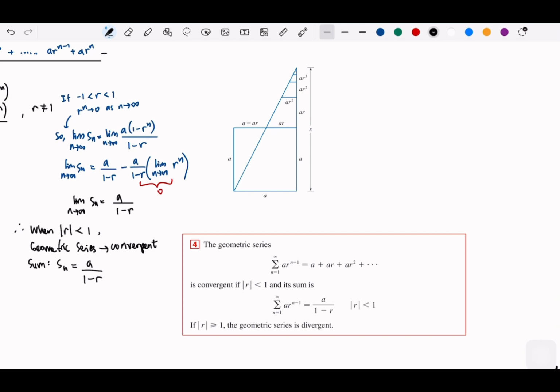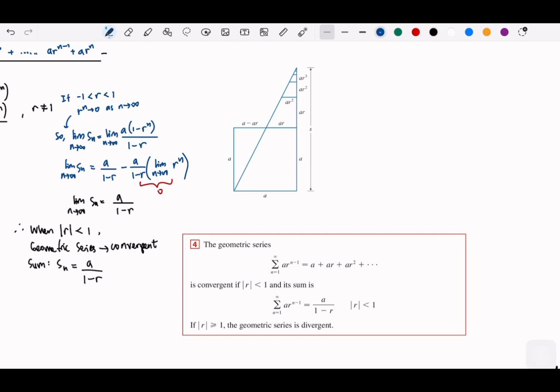Then we multiply with r again and get a r squared, and we have this whole triangle, with the base a r squared, and so on. Now the S is basically the sum of all the sides: a plus a r plus a r squared, etc.